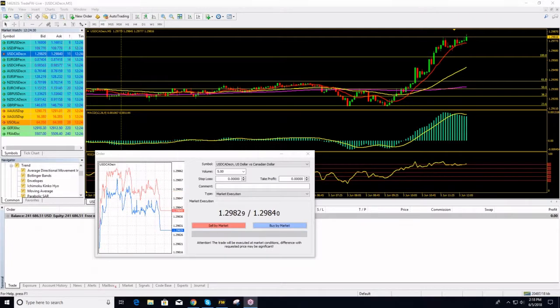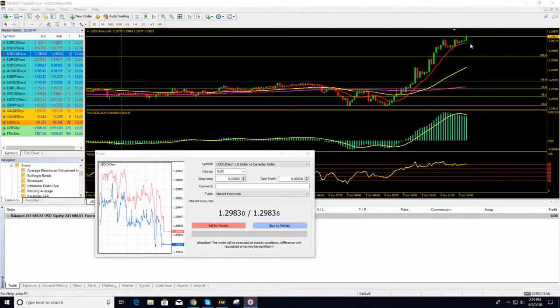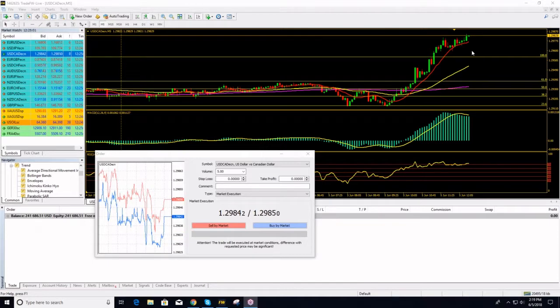We wait. 30 more seconds. Let me check. We still have lower bars on MACD on my setup.